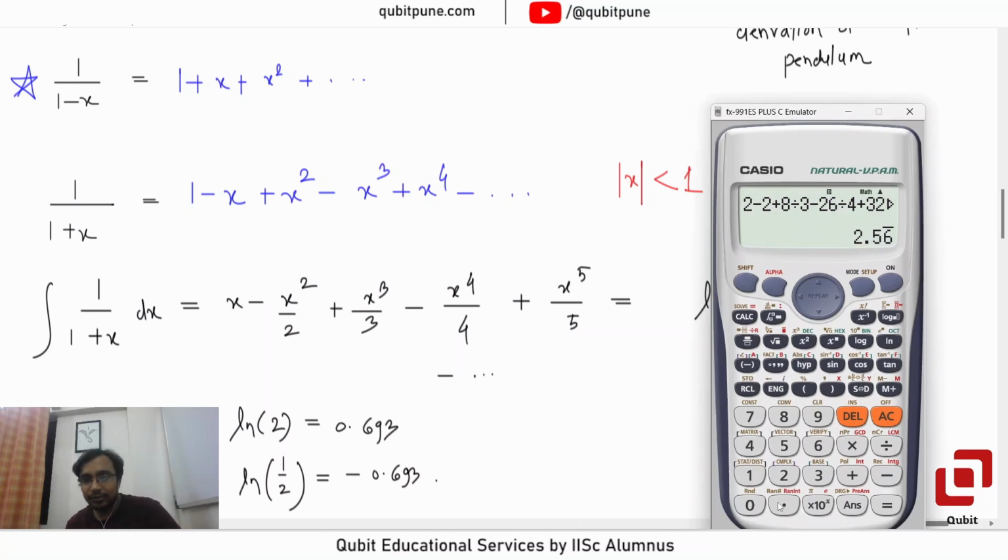So let me store the answer as half: answer minus answer squared by 2, plus answer cube by 3, and let's take one more term, minus answer raised to 4 by 4.